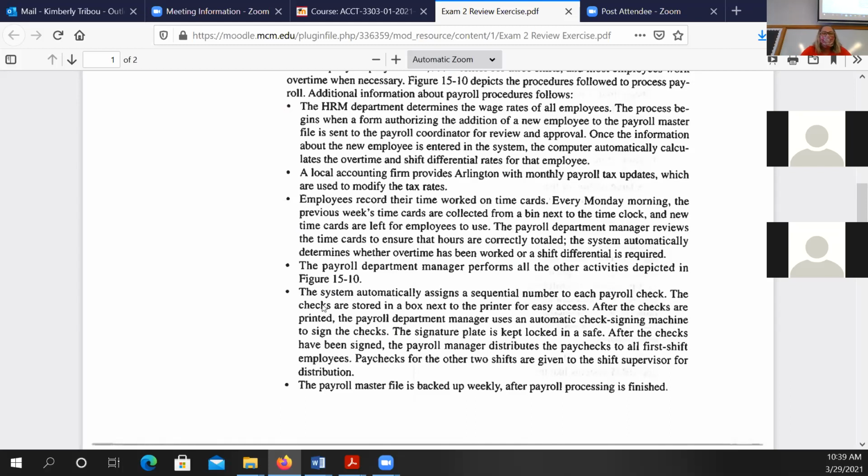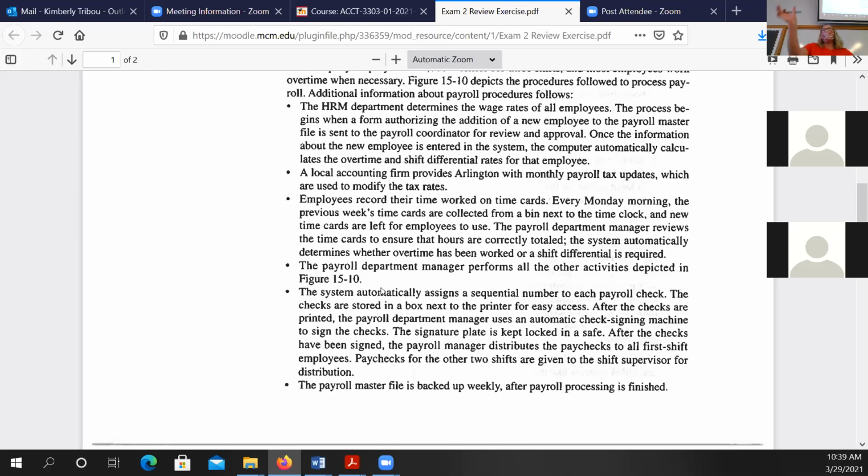Why is the sequential number an important control? Yep, it allows you to keep track of what's been done and what has not been done.